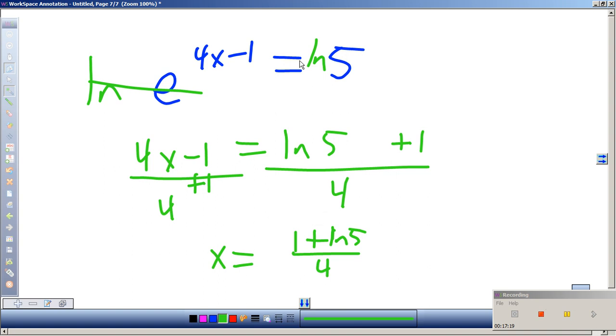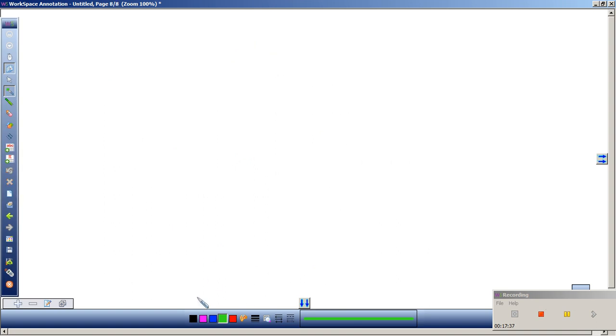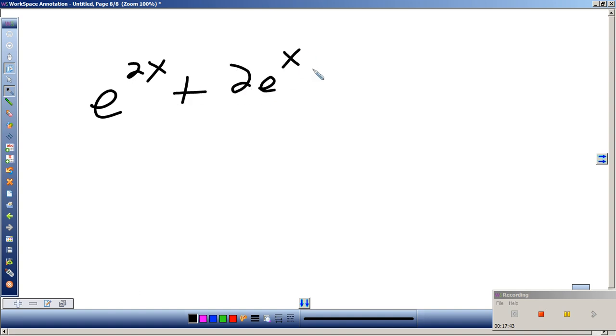And let's see, I have one more here. e raised to 2x plus 2e to the x equals 8. So what do you think for this one? It's not going to work as easily as you want. Can you combine it?